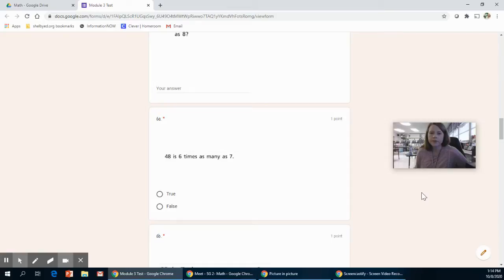True or false? This is where your multiplication is important.